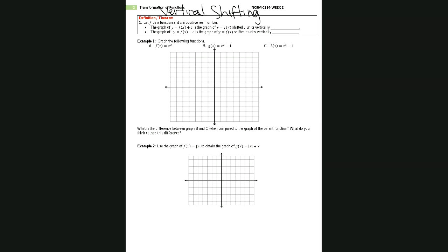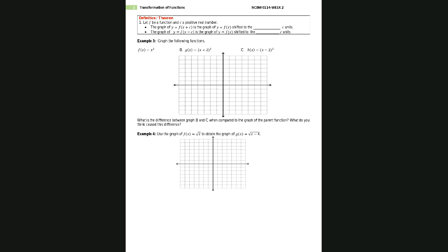Some books refer to it as translation. So let's go to our page number 3, and let's just go ahead and establish that this is going to be covering the horizontal shifting or translation.